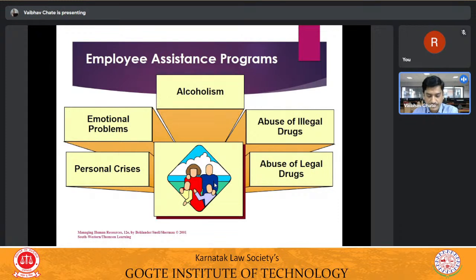And apart from that, I am referring to another textbook connected with occupational safety and health for technologists, engineers, and managers. So these are the two important books that need to be referred to if you are going to opt for this particular subject called OSHA.